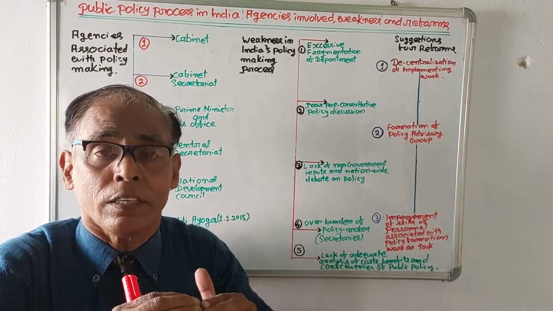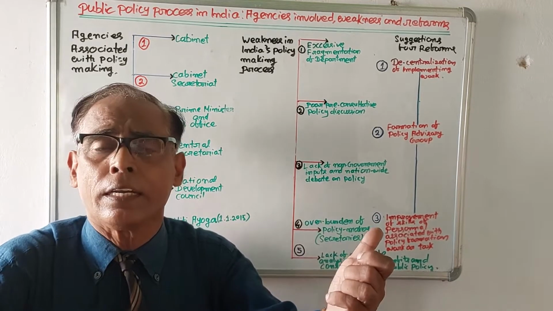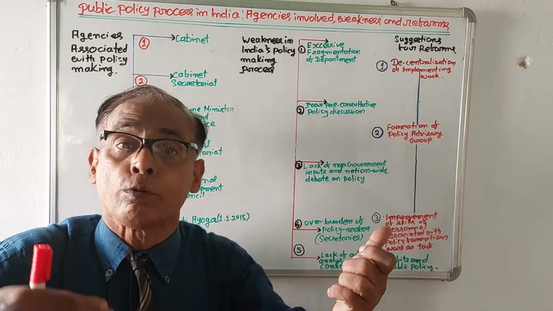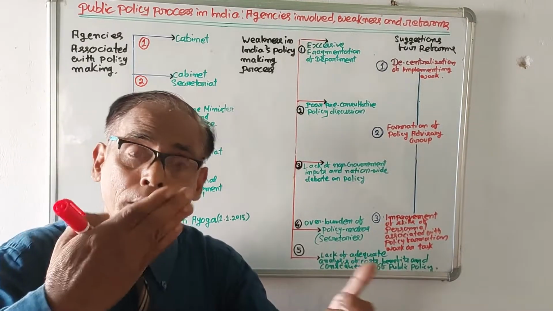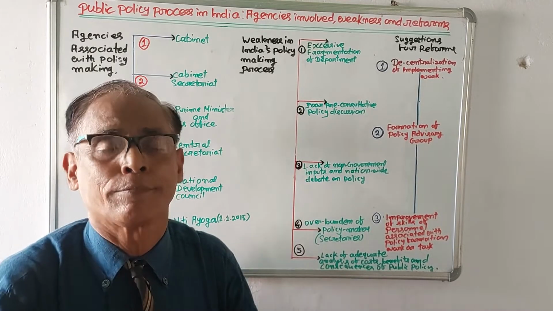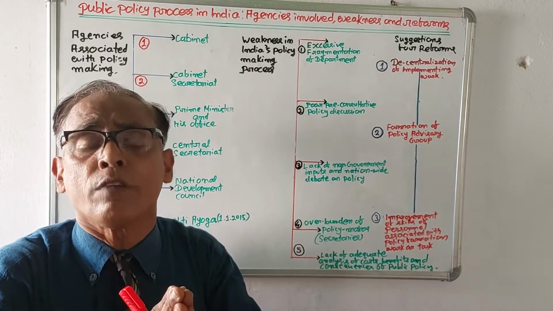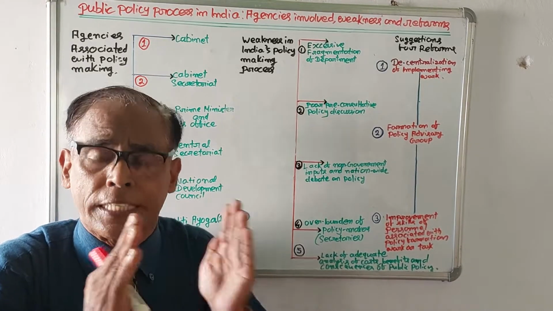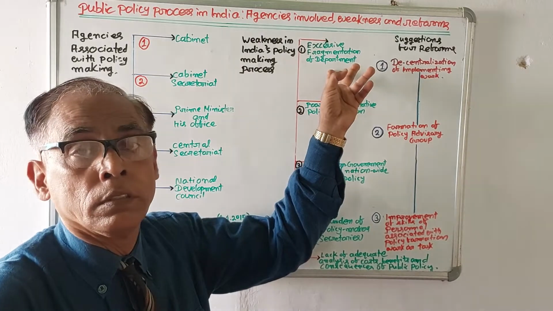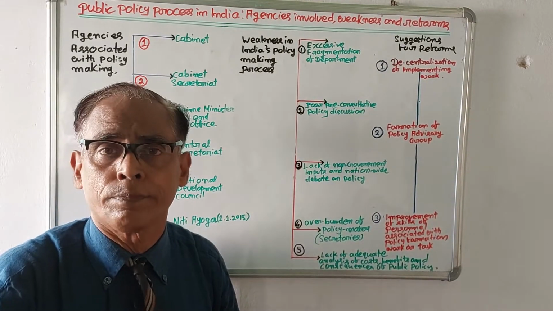So whenever any decision about a particular field is taken, all the 5 to 6 departments will give their opinion. So there is overlapping of decisions. So the first important weakness of formulation of public policy in India is the excessive fragmentation of departments.